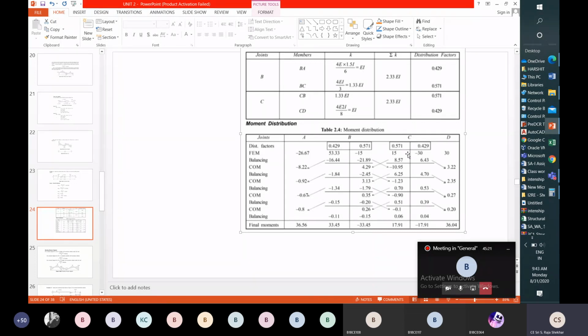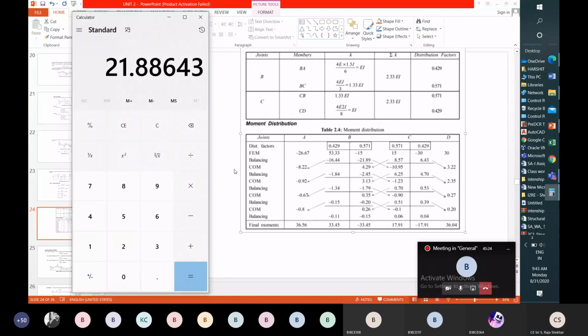Minus 15 multiply with 0.571. That is the distribution factor for the member CB. 15 multiplied with 0.571 is 8.565, so it is near to 8.57. Sorry, this is 8.57, not 0.57.